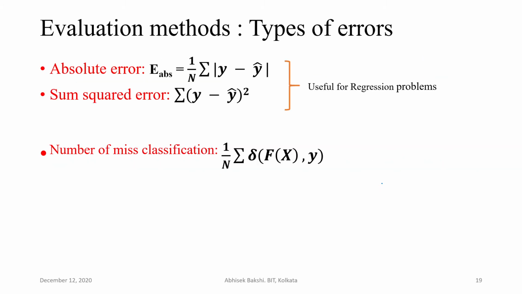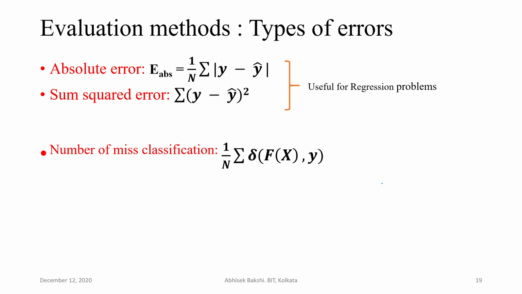So when we are evaluating the methods, naturally we have to calculate the errors that we are getting in the outputs. Here I have listed 3 different types of error. The first one is absolute error. Absolute error finds the error between the predicted output and the actual output.